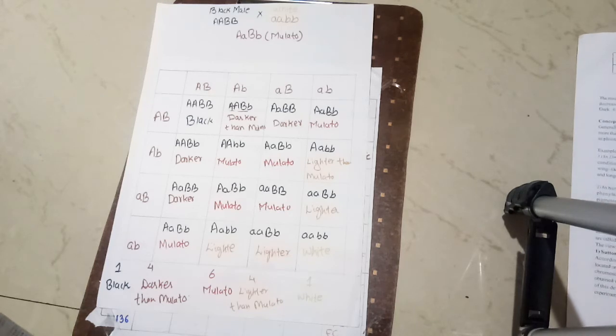Two more types of combination, darker and lighter than the parent shade, are having four each.